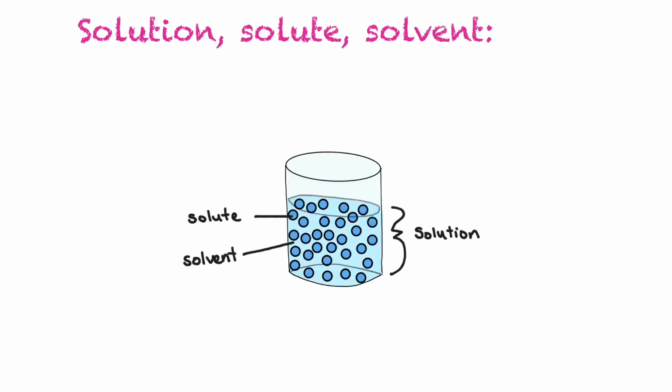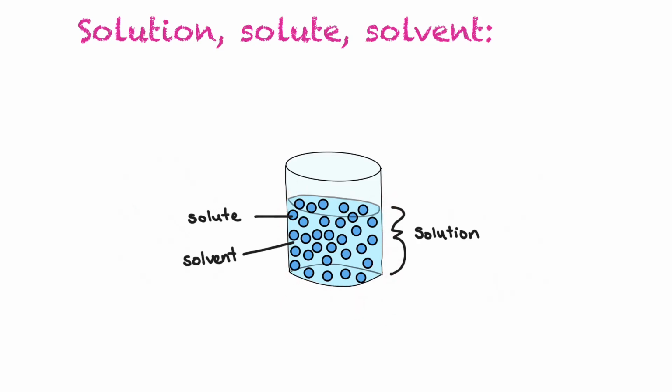First we want to go over some terms that are helpful to know: solution, solute, and solvent. The solution is the whole thing, that's the solute dissolved in the solvent. The solute is the particles that are being dissolved in the liquid, which is the solvent.